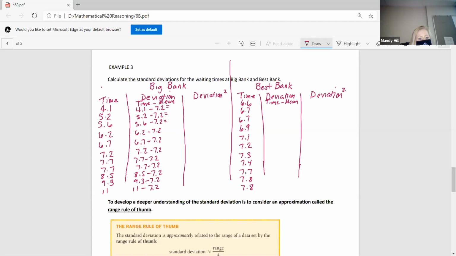It's a pain to have to do all this, but if we're going to calculate it by hand, this is what you would have to do. There is no way around it.